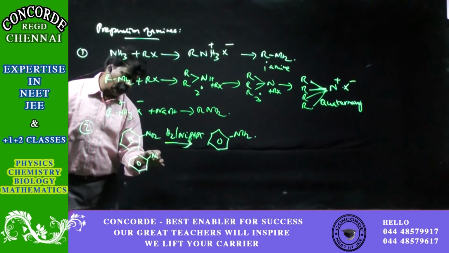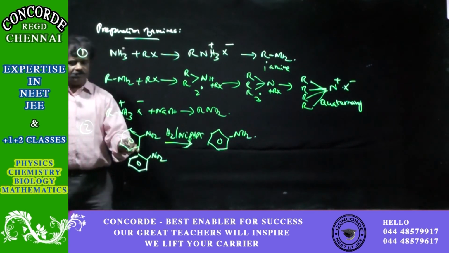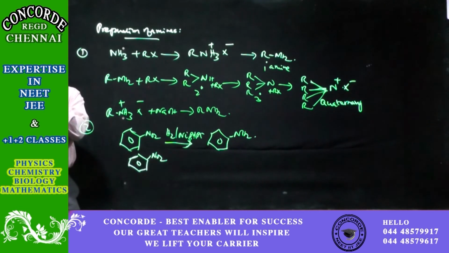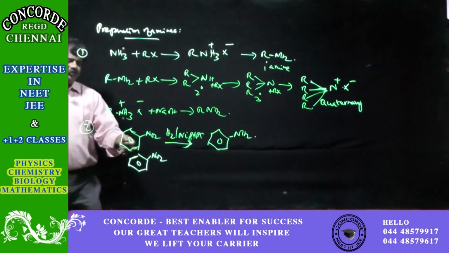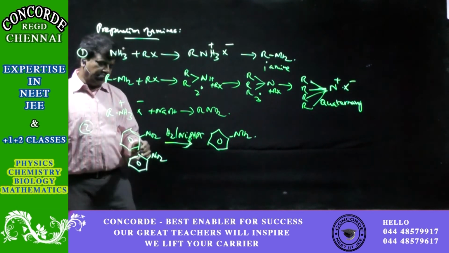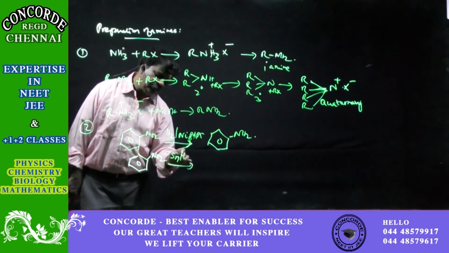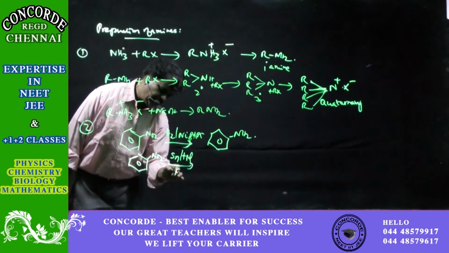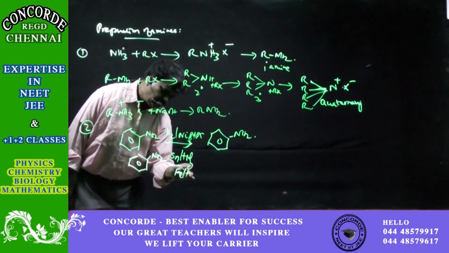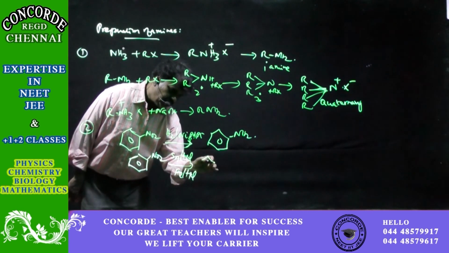If instead of an aryl group you have an alkyl group, the same nitroalkane can be used, in the presence of zinc and HCl or Fe and HCl, to get the amine.